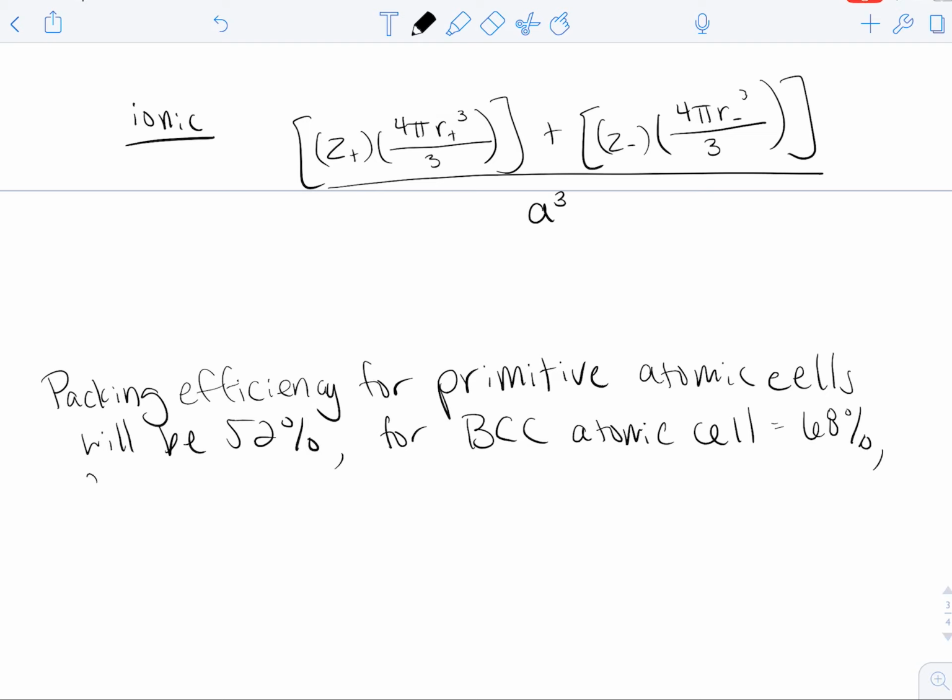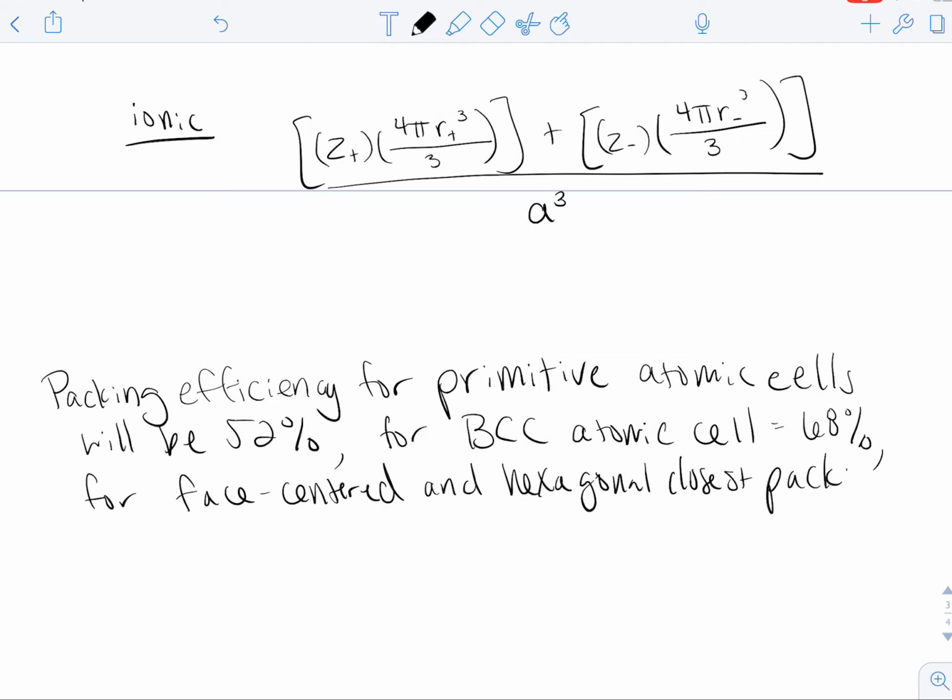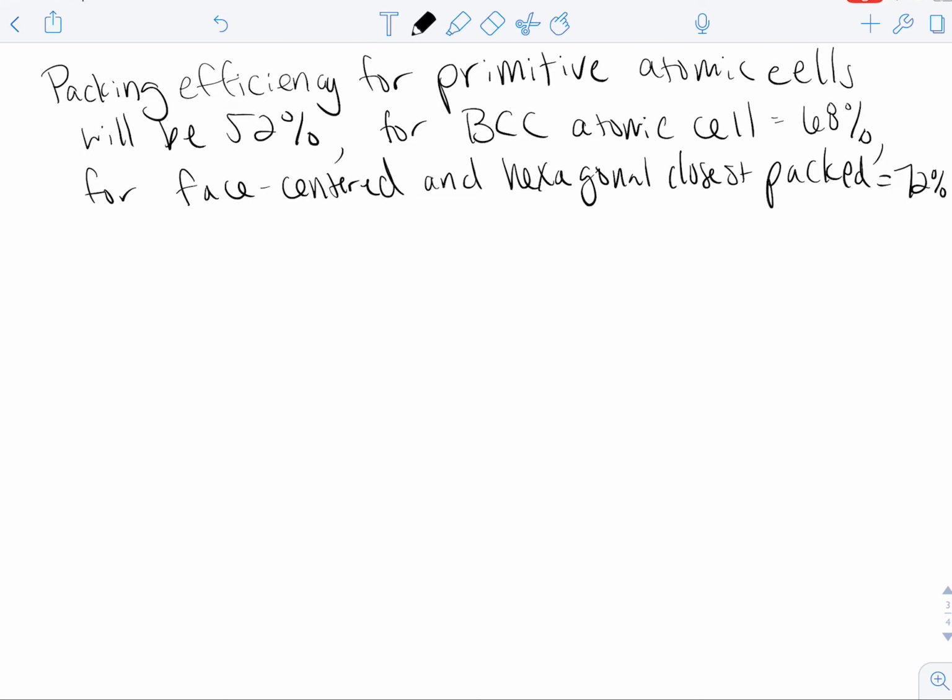And then for face-centered and hexagonal closest packed, 72%. So just as a note, no matter what type of atoms you have, if you're an atomic cell, you will have set packing efficiencies. Our ionic cells will be different though.